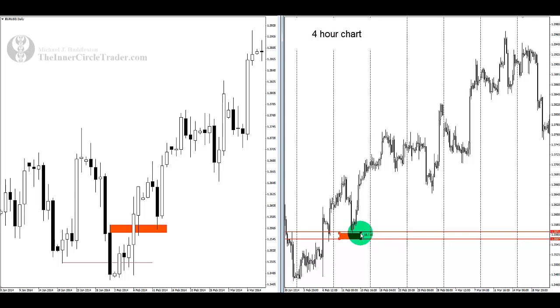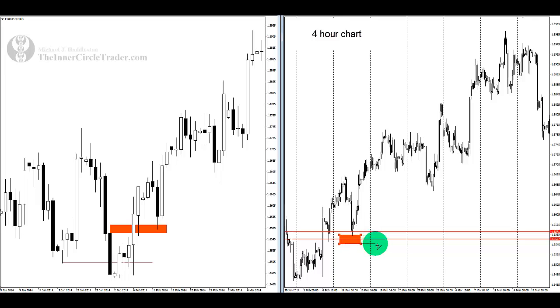So if this is what we're looking at, right about there, 7 pips, we want to go at least 10 pips below it. So there's your stop right there. This is where your stop loss would be.